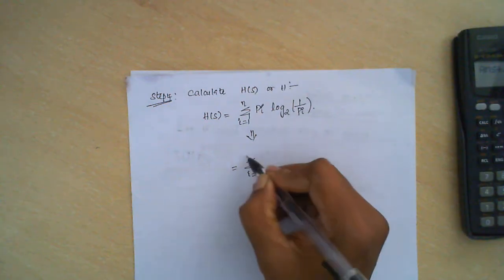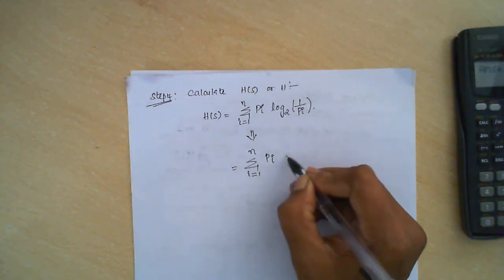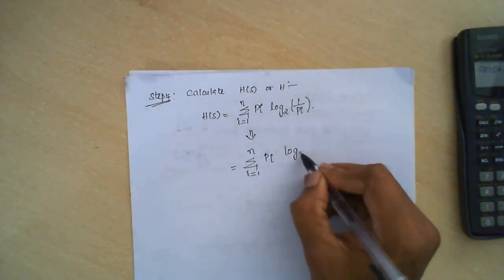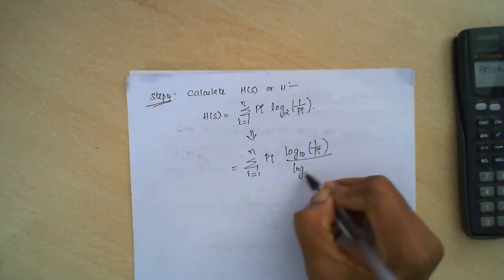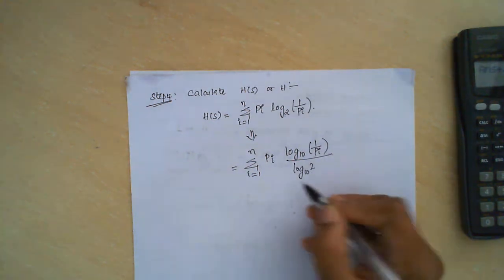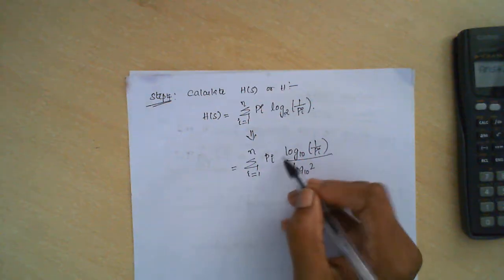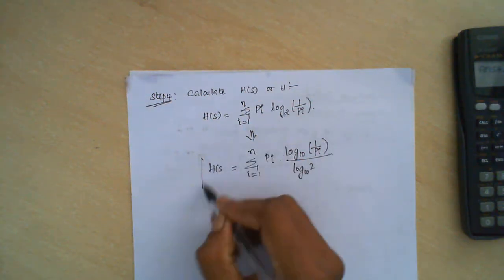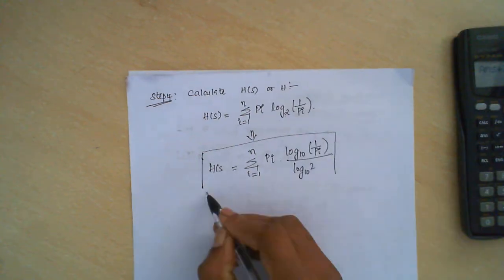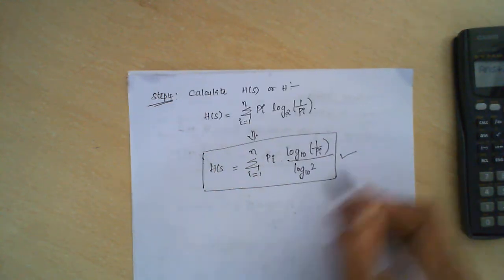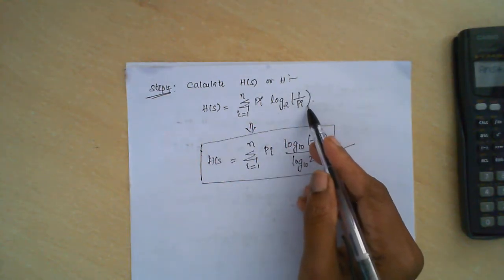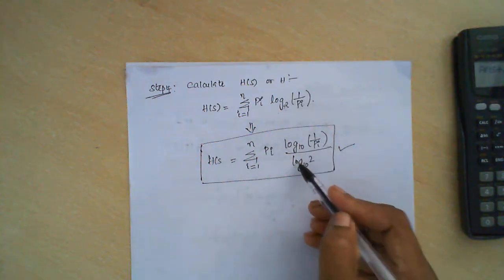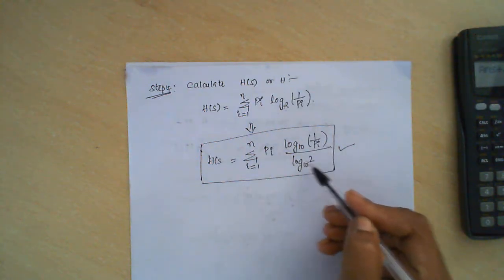The log value becomes log base 10 of 1 by pi divided by log base 10 of 2. So when you calculate entropy, remember this formula is to be used for calculation. For representation, you go with the base 2 term. Using the calculator, you can get the correct answer only if you use this formula.